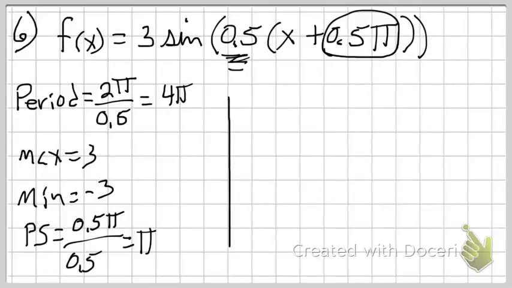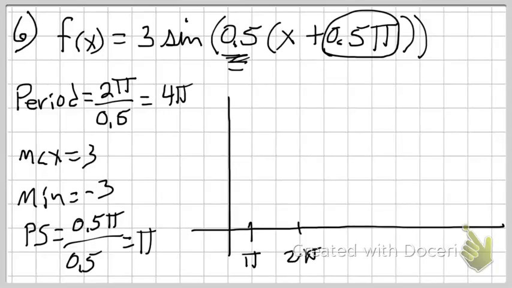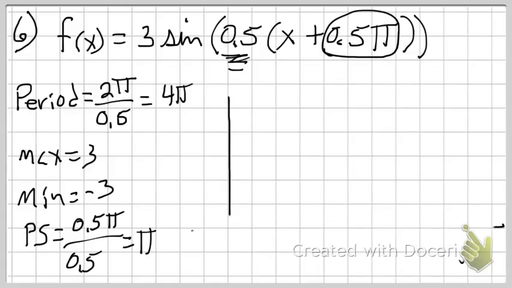So, if I thought about graphing this thing, there is pi, 2 pi, 3 pi, 4 pi, 5 pi. Oh my gosh, I put that in the wrong spot. Let's go here.